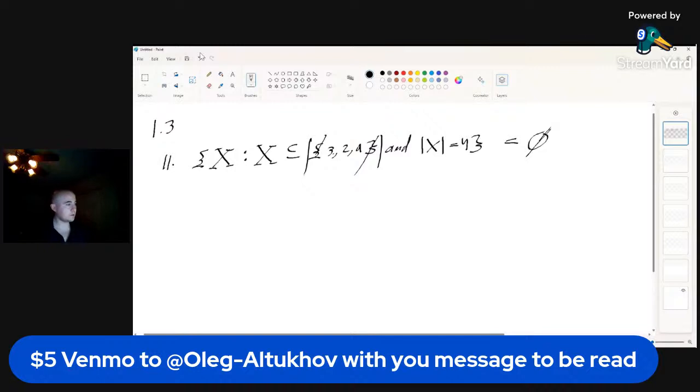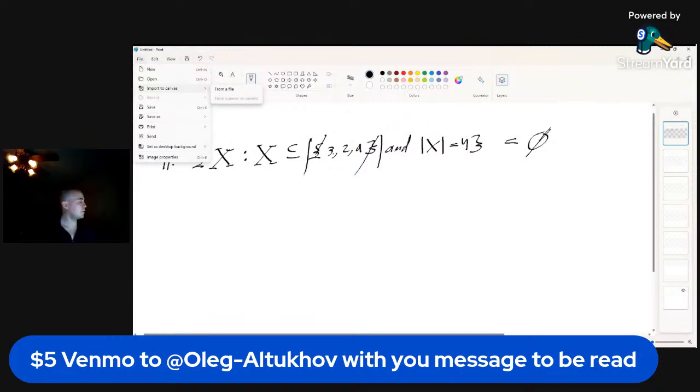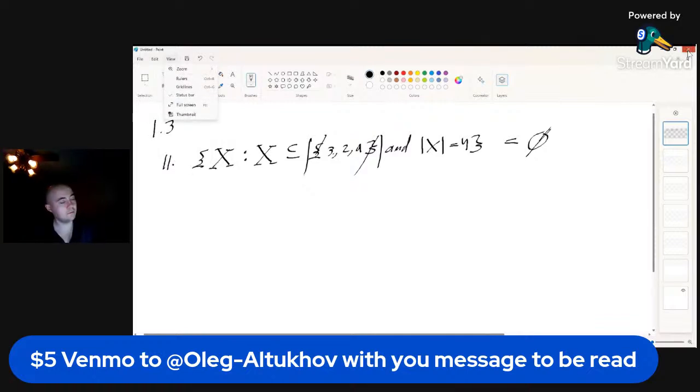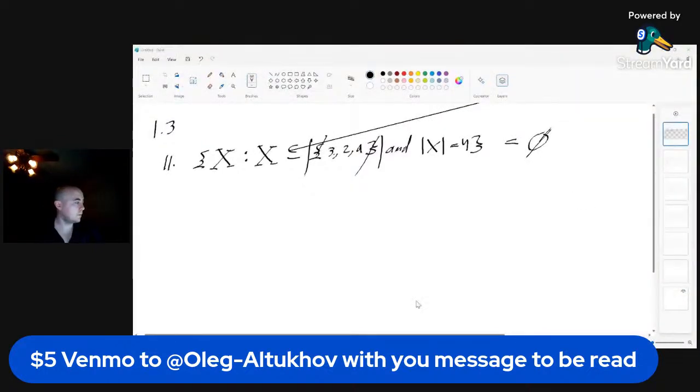No, the book agrees. I can't back up, so I'm just going to X this out and restart Paint. Paint crashed on me. Hang on. I'm going to relaunch Paint now.